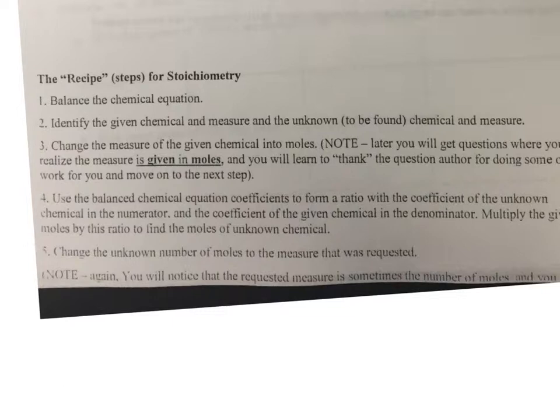Then you need to identify the chemical and measure. What do I mean by measure, by the way? What do you guys think? I mean, like units. I couldn't find my electronic version of this, so I couldn't change it. Sorry, guys. All right, so I'm just talking about units, okay? But it says identify your given and your unknown.